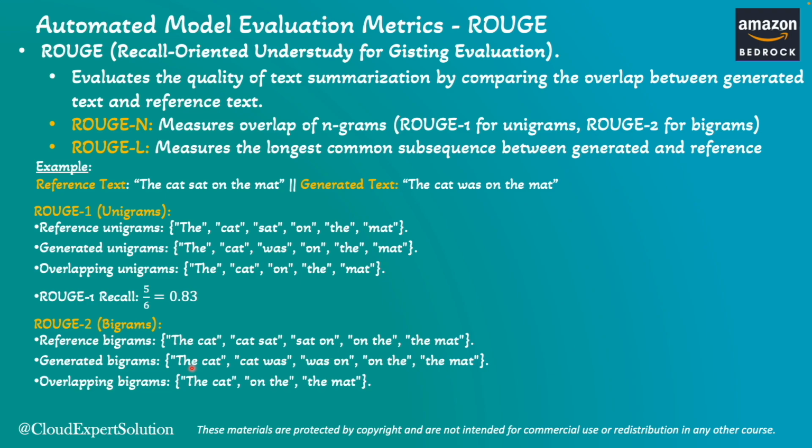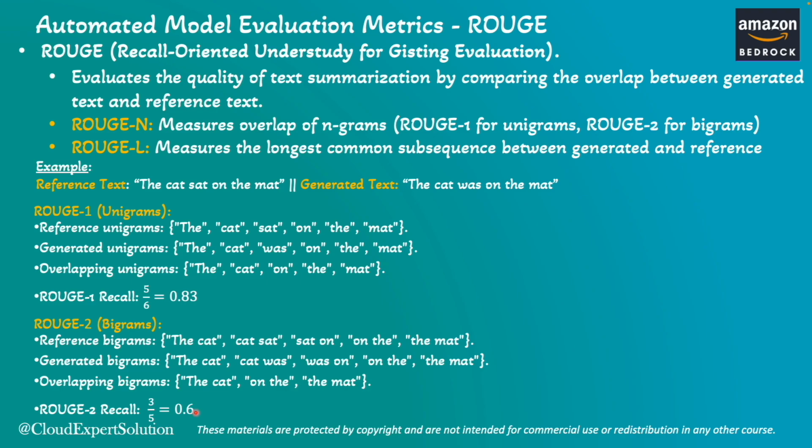And the overlap will be the cat, on the, the mat. For ROUGE-2 recall, we are going to use overlapping bigrams over the reference bigrams. We have 3 overlapping bigrams, that is the cat, on the, the mat. And for the reference bigrams, here we have 5. That is why 3 over 5, which is nothing but 0.6.